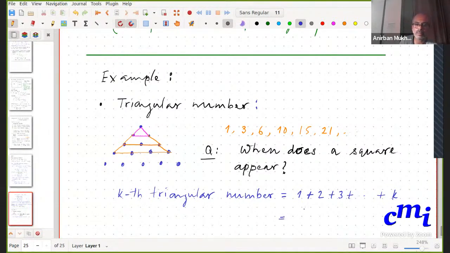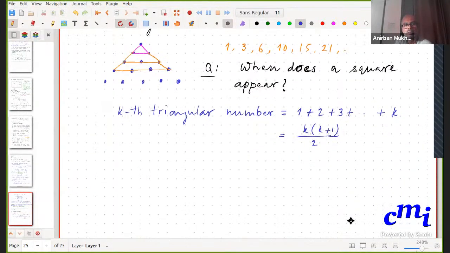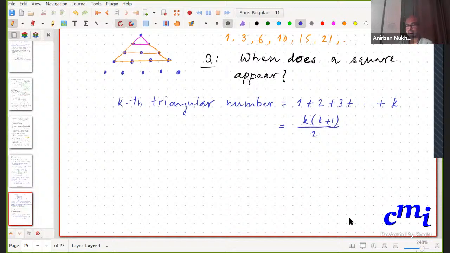And we know how to sum this. This is k into k plus 1 by 2. That's the sum. So all the triangular numbers are going to look like this, k into k plus 1 by 2. And of course, 2 divides either k or k plus 1, so it's always an integer, obviously. Now the question is, when is it a square?